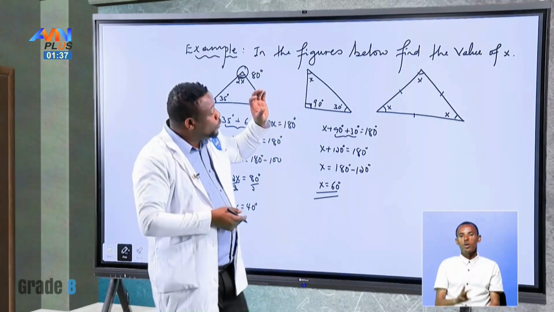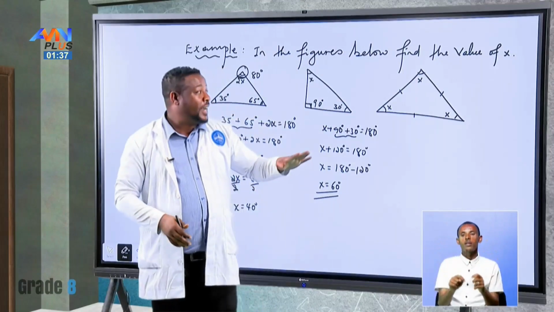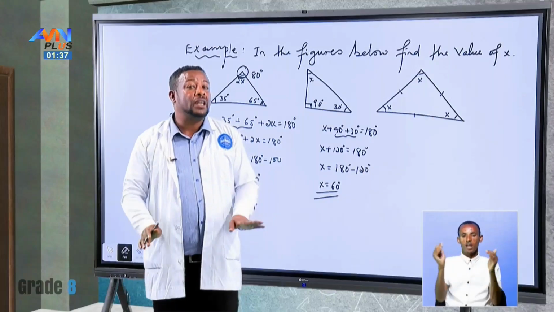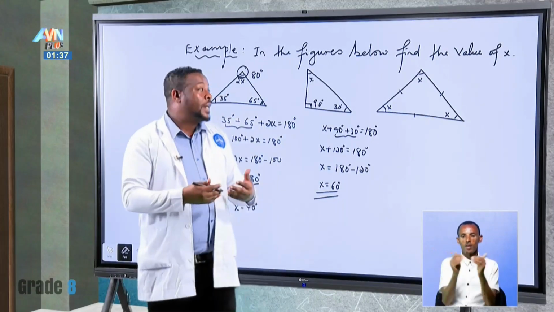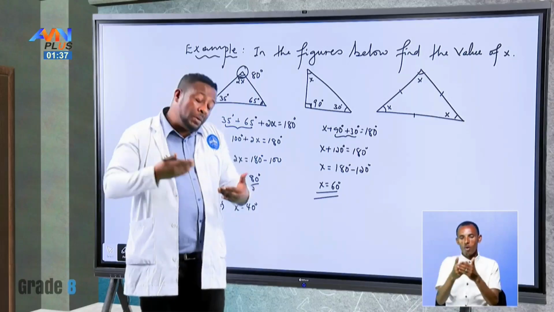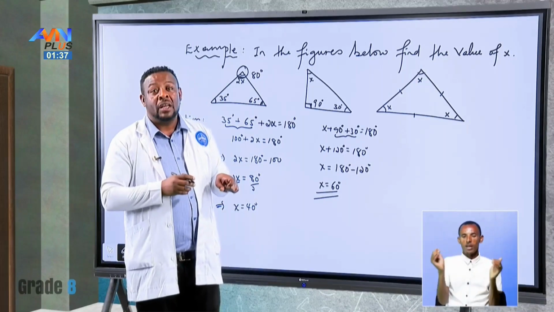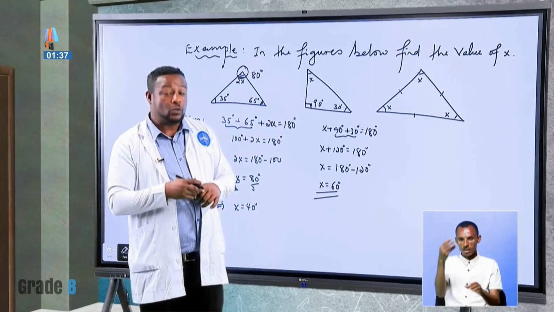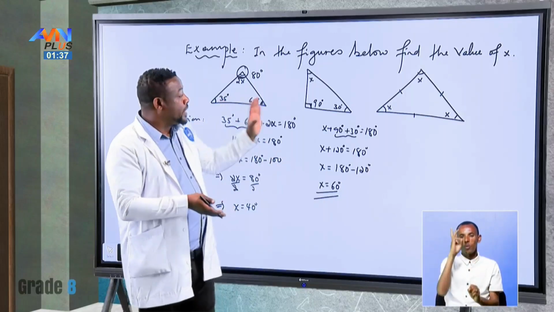When we go to the third triangle, it's given that the triangle is an equilateral triangle, meaning that all the sides of the triangle are the same. That means, by default, the interior angles will be the same. So you will follow the same procedure.